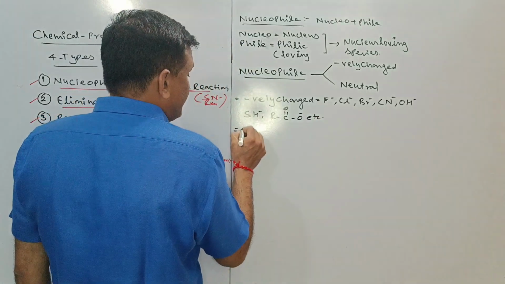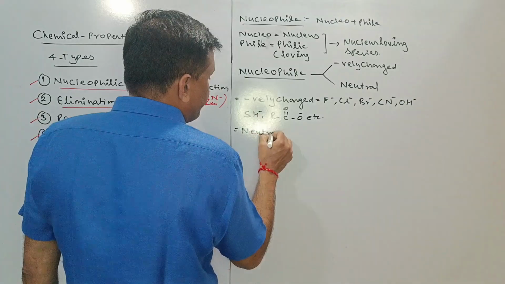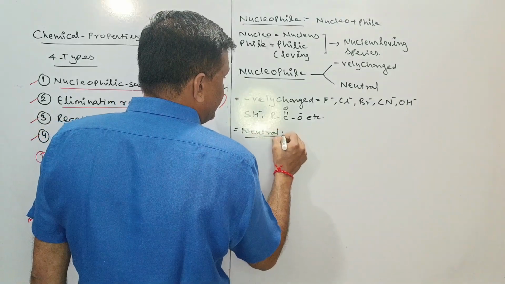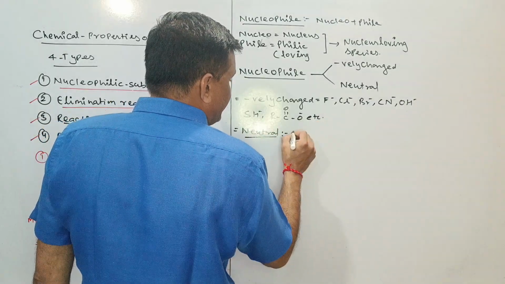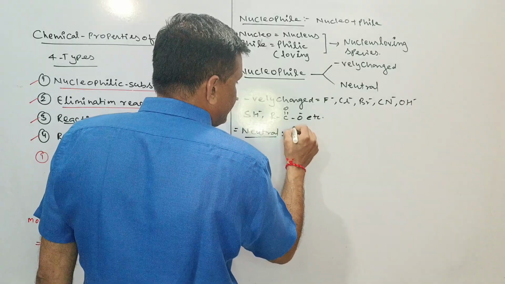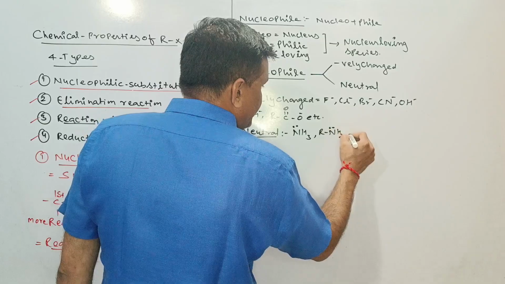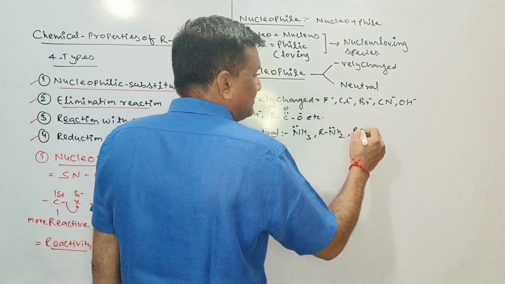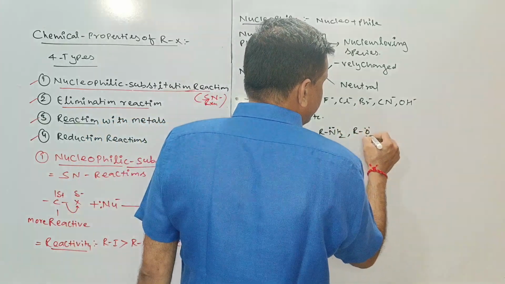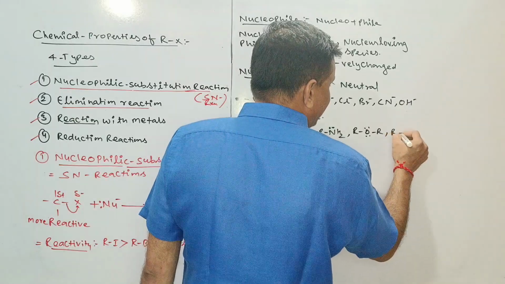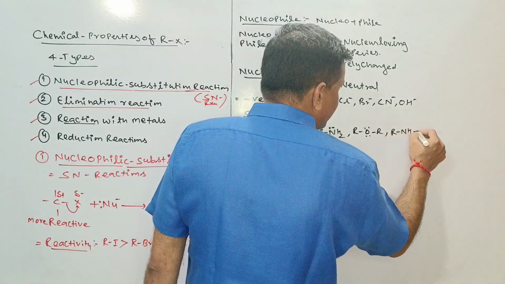If I go with the neutral nucleophile, then there are the following types of nucleophile: NH3, you can take RNH2, you can take ROR, you can take RNHR.